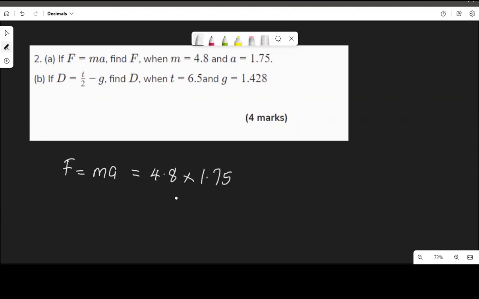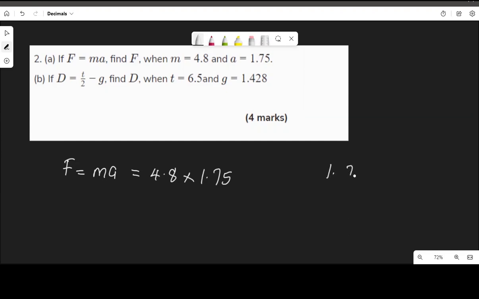Recall that whenever we multiply decimal numbers, we either convert both of them to whole numbers by multiplying each number by a power of 10, or we do our column multiplication right away, then count the number of decimal places. In this case, I'm going to do my column multiplication right away. And in doing that, since I have 3 digits here, it will be easier if I put it on top.